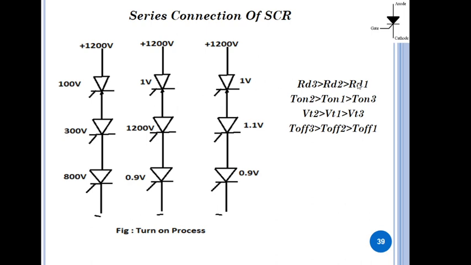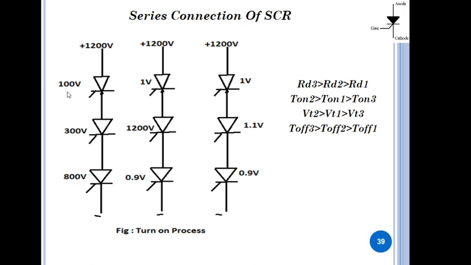The blocking state resistance of SCR number 1 is the minimum compared to the other two, that's why SCR1, whose blocking state resistance is RD1, will share 100 volt.